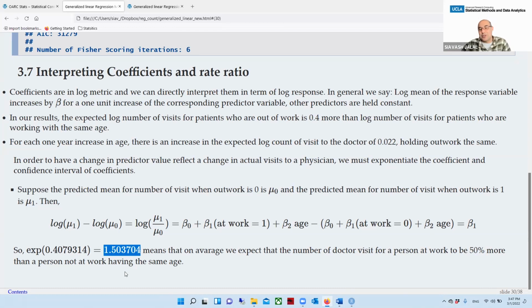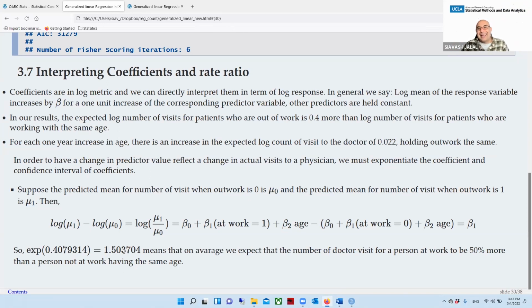Okay, this is how you can interpret that. It is much better than interpreting in the log metric. Makes sense? So it's 50% more. Again, I use that minus 1, but when it's more than 2, I don't really like 150% or 1000%.